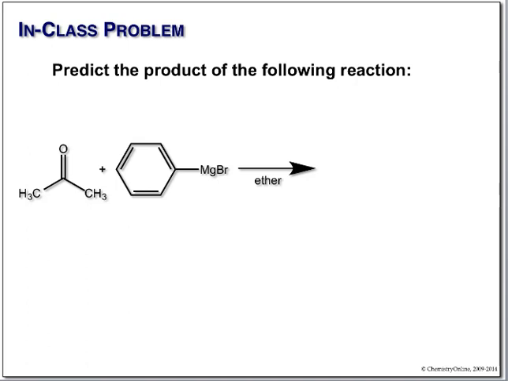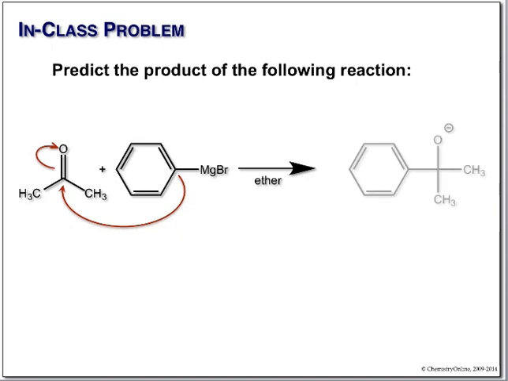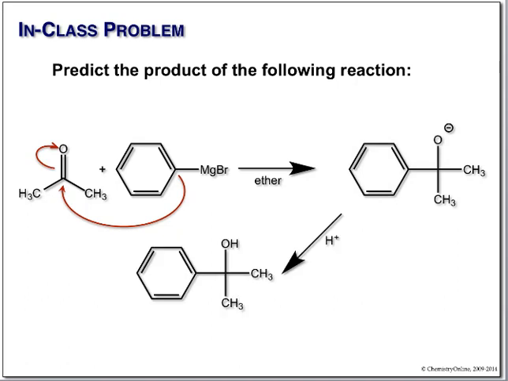It's going to add to the carbonyl carbon. And we will get this oxyanion. Once we have the oxyanion, we simply dump it into dilute acid, and we wind up with the tertiary alcohol.